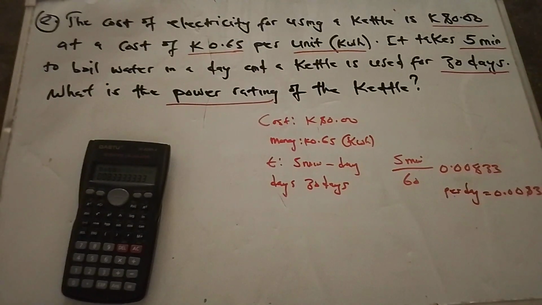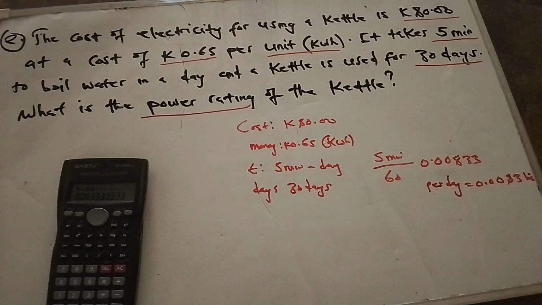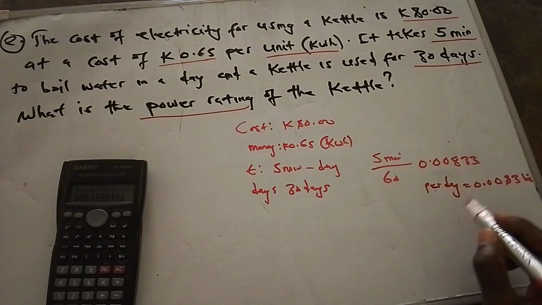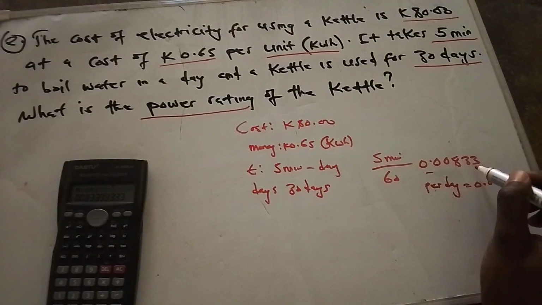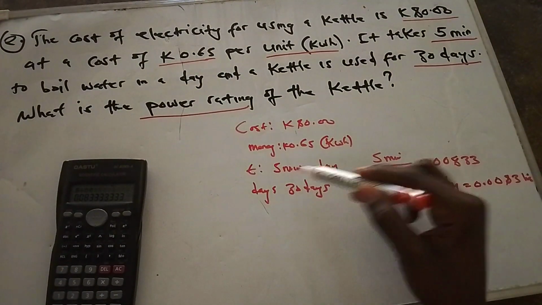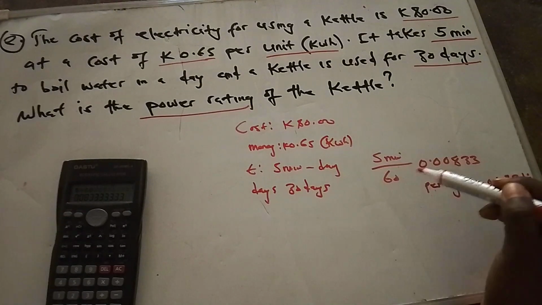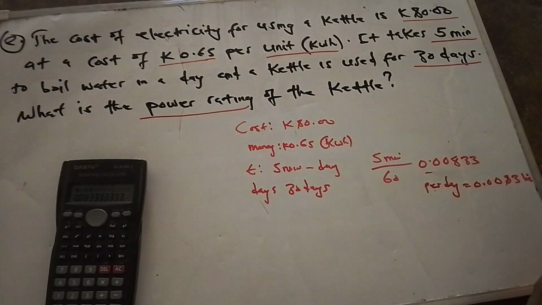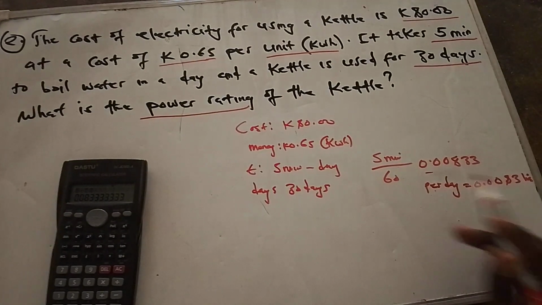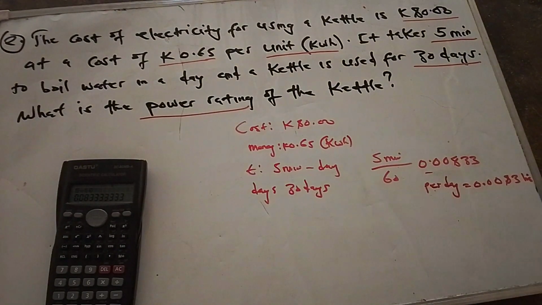Hope you're able to see. So we have converted from 5 minutes into hours. So instead of using 5 minutes per day, in hours, we are saying 0.0083 was used per day. Now, this electrical appliance was used for 30 days.